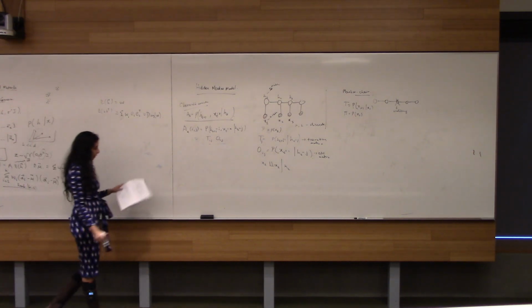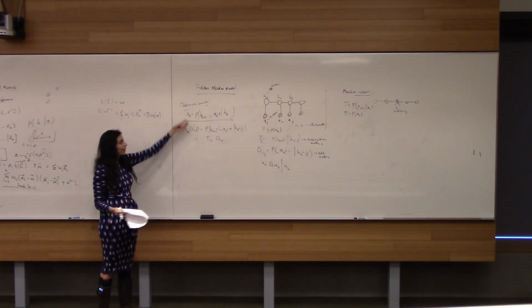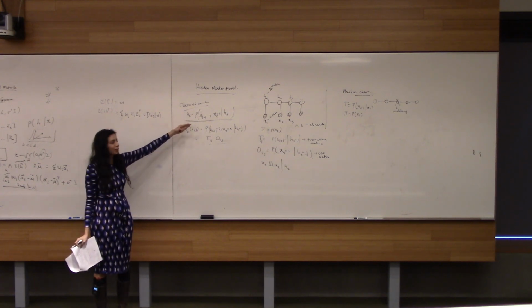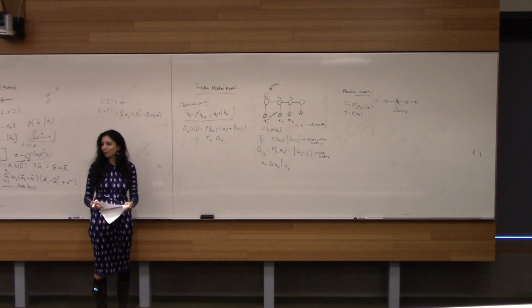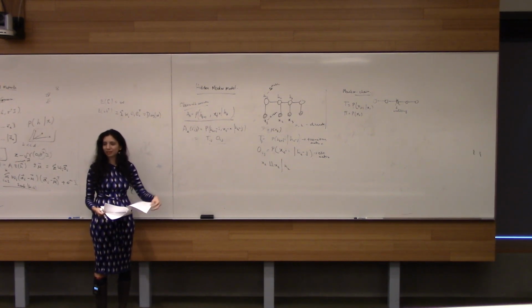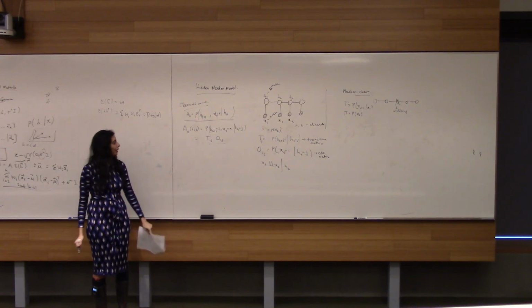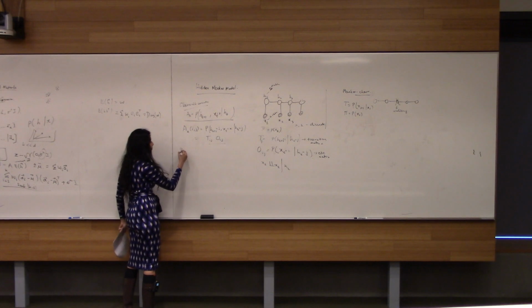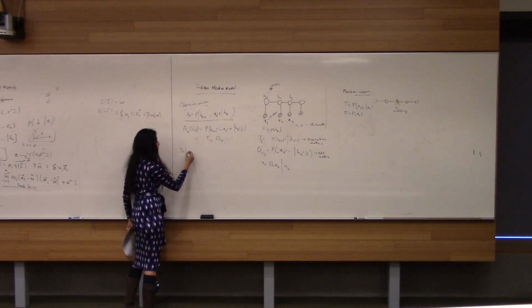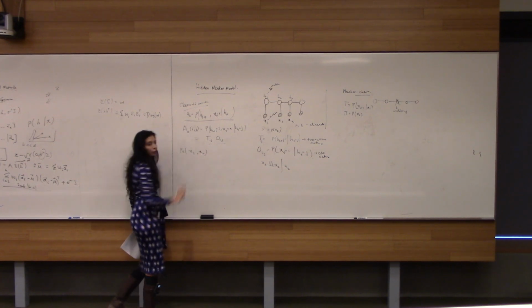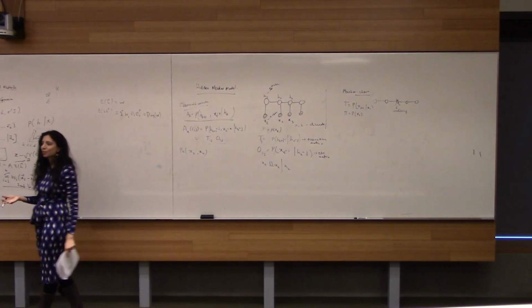Now, I don't have access to this operator because I don't know the hidden states. I don't get samples from my hidden states, so I can't compute the empirical distribution there. That's why we want to think about the observed distributions. So I can ask what is my joint distribution between the first two variables.